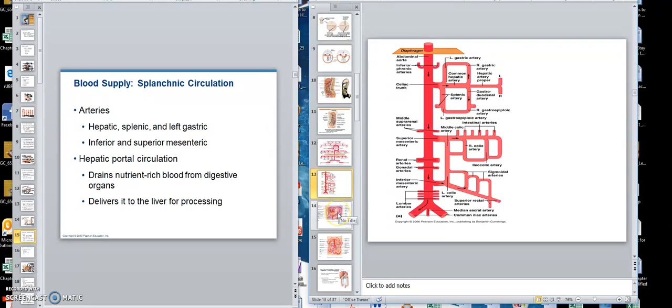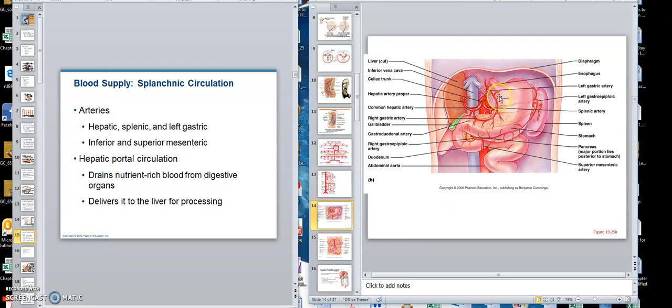All right. Here is a picture to show you. Right here, there's that celiac trunk, and it's supplying some of these over here. There's the splenic artery.